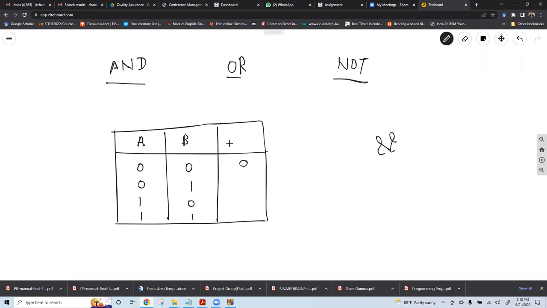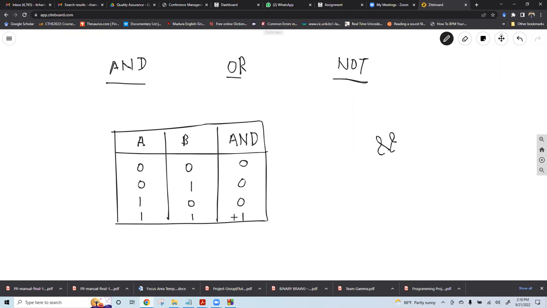Let's first look at and. If both are 1, then only it is 1. In all the other cases, at least one is 0, or at least one is false, the result would be false.